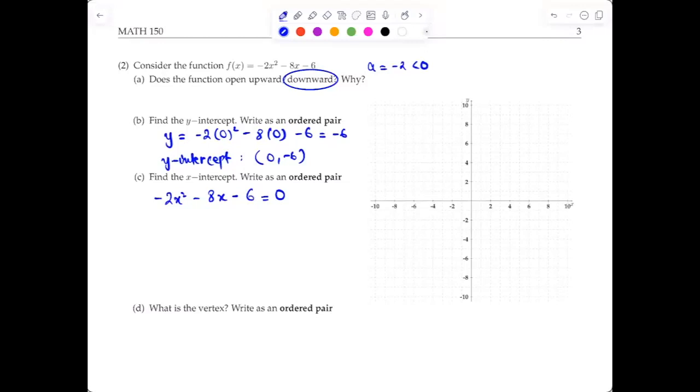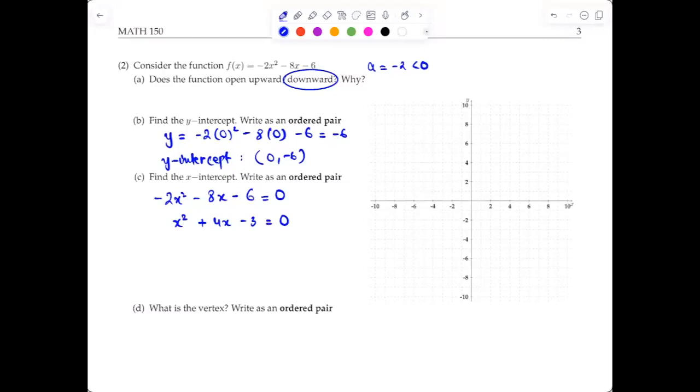So when you divide both sides by -2, you get x squared plus 4x plus 3 equal to 0. From one step to another, what I did is I divided both sides by -2. And now I factor the left-hand side of the equation.